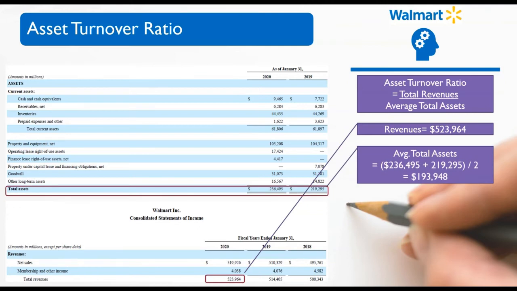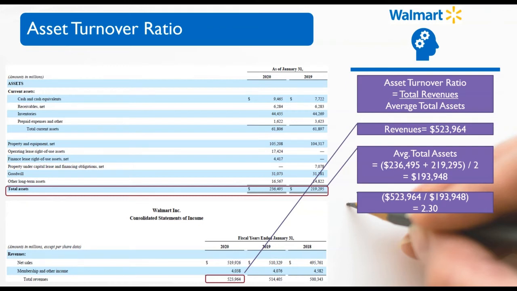And then we'll calculate the average total assets by taking the ending total assets for fiscal 2019 and fiscal 2020. So the average total assets is $193.9 billion. And once we take those amounts, we come up with an asset turnover ratio of 2.30.